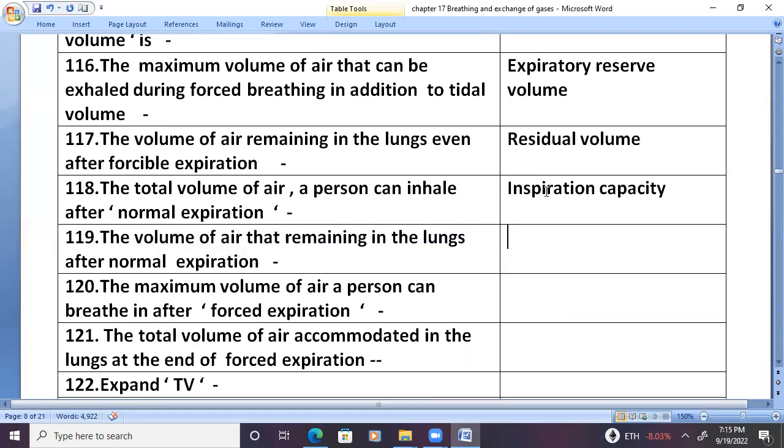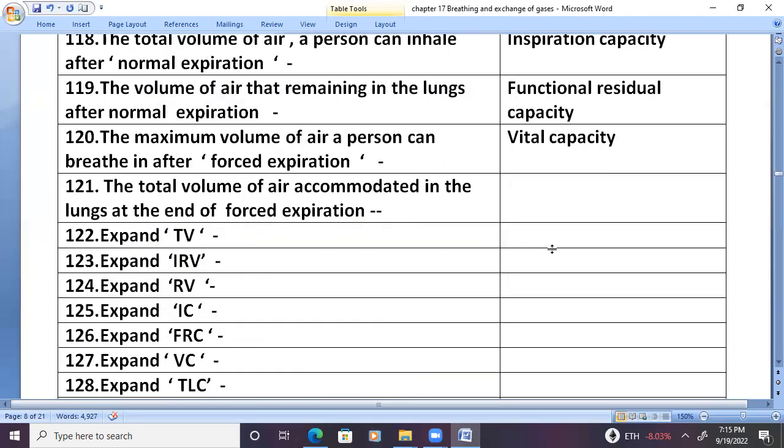The volume of air remaining in the lungs after normal expiration is called functional residual capacity. The maximum volume of air a person can breathe in after forced expiration is vital capacity. The total volume of air accommodated in the lungs at the end of forced expiration is total lung capacity.